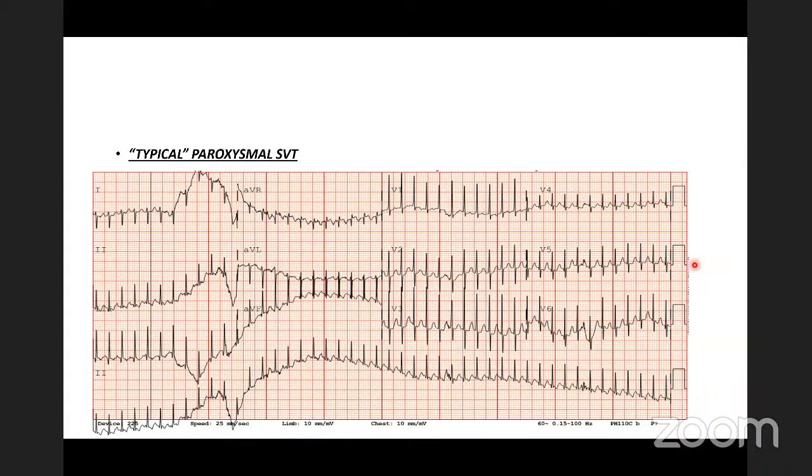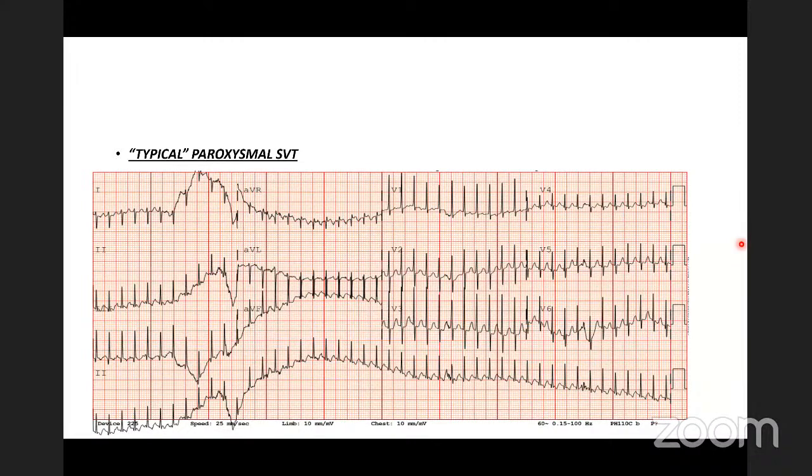So narrow complex, regular tachycardia, and they come in paroxysmal type, and there is no valid reason for the patient to be that tachycardic most of the times. The other important thing to notice about those arrhythmias is that they are a switch on-off kind of thing. They start suddenly, they terminate suddenly.